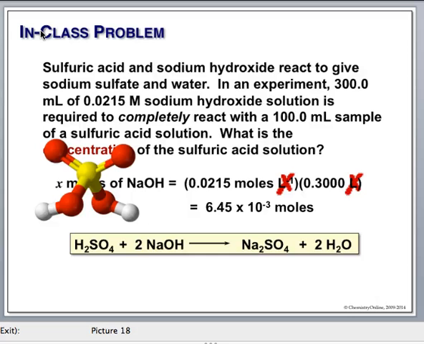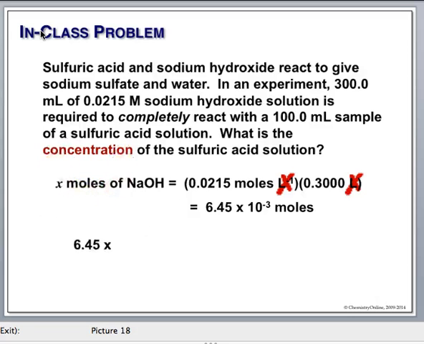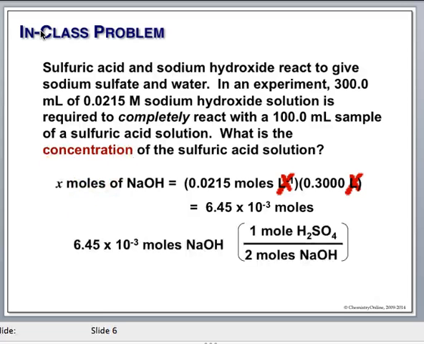All right, well our stoichiometry is 2 to 1. Which means we're going to take the moles of sodium hydroxide. Every 1 mole of sulfuric acid takes 2 sodium hydroxides, so they cancel. And we get 3.23 times 10 to the minus 3 moles of sulfuric acid.